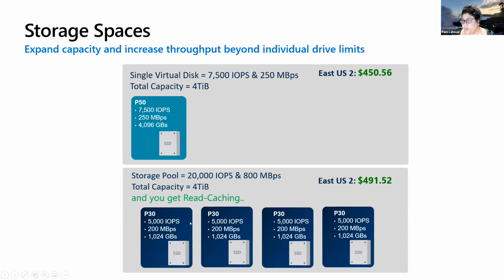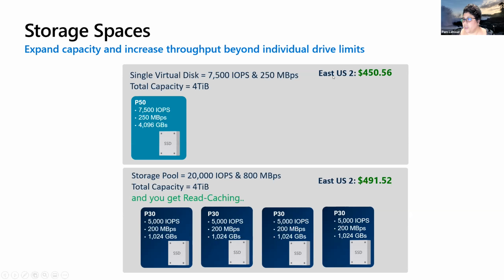So generally, what we find is having a storage pool with multiple smaller drives is more cost effective than a single larger drive. So here's an example. One P50 gives you 7,500 IOPS and 250 megabytes per second of throughput with 4 terabytes of storage. That costs you $450 a month in East US 2.